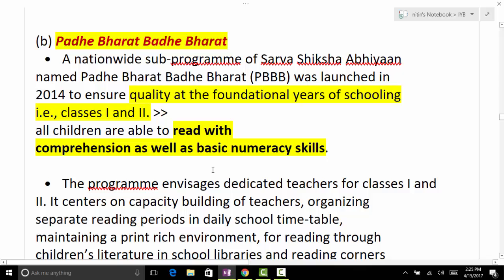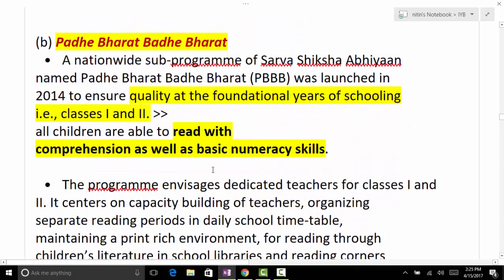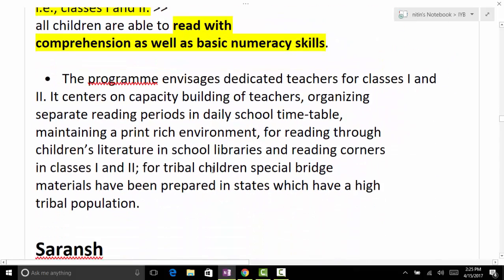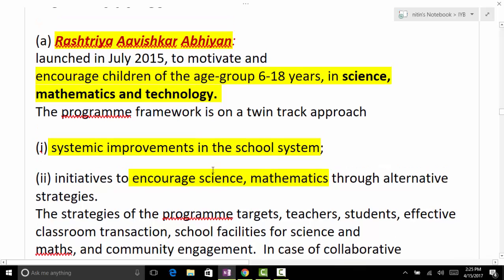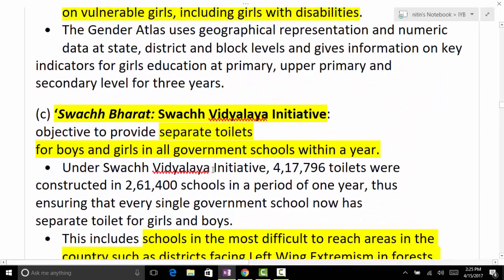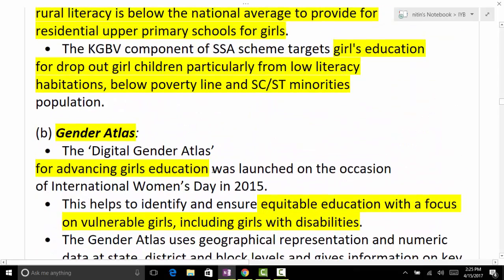The focus is on reading comprehension and basic numeracy skills. How to do it, there are different ways, you can go through it. Avishkar Abhiyan, yes, science, mathematics and technology, 6 to 18 years. That's all. So go through them again, remember them and try to recall them without looking over the yearbook. In mains nobody will tell you; it should be exactly what is there.